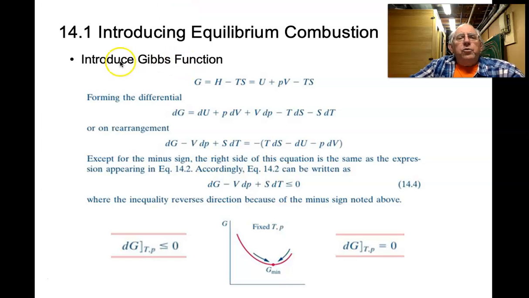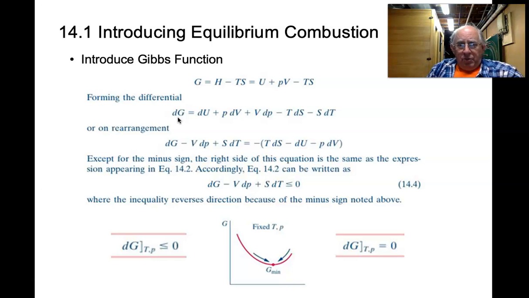With this G function, we can look at the differential form of that property and utilize the various differential relationships that we've seen before, and then rearrange some terms, and that's all that's being done here.